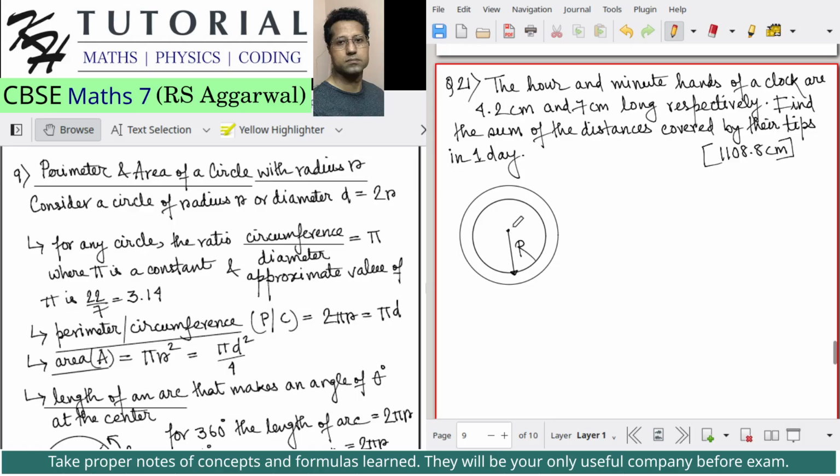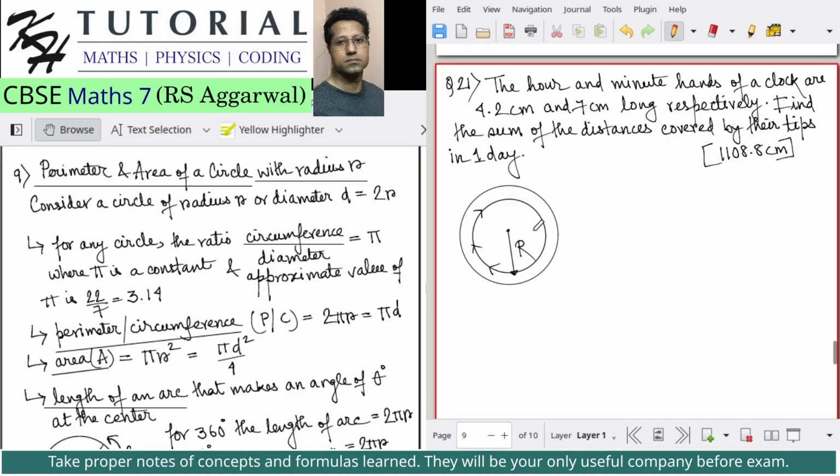That is, when the hour hand is moving along the circumference of the circle, in 12 hours the distance traveled by the hour hand will be equal to the circumference of the circle formed by the hour hand.